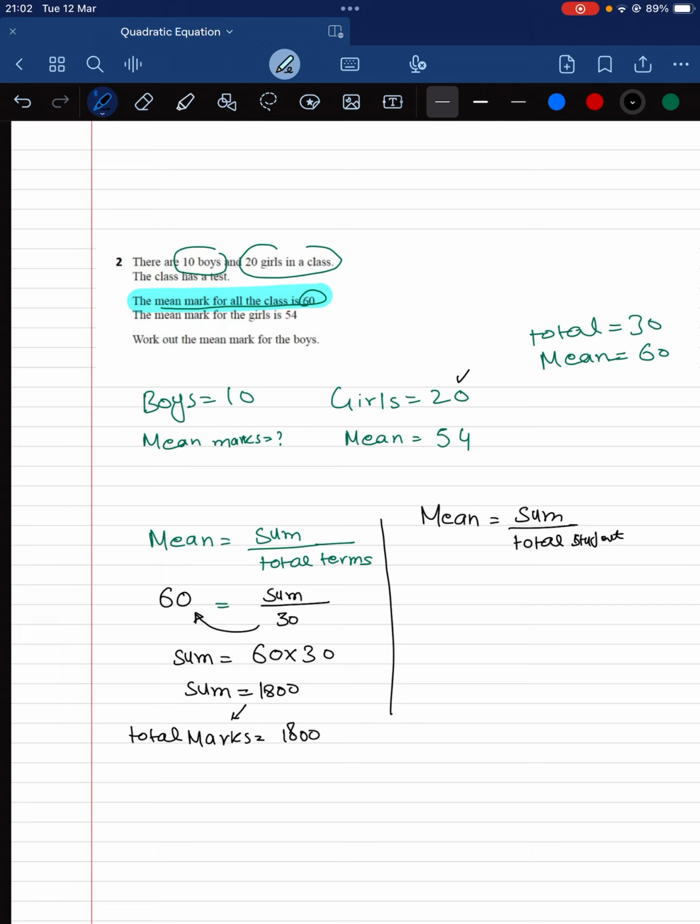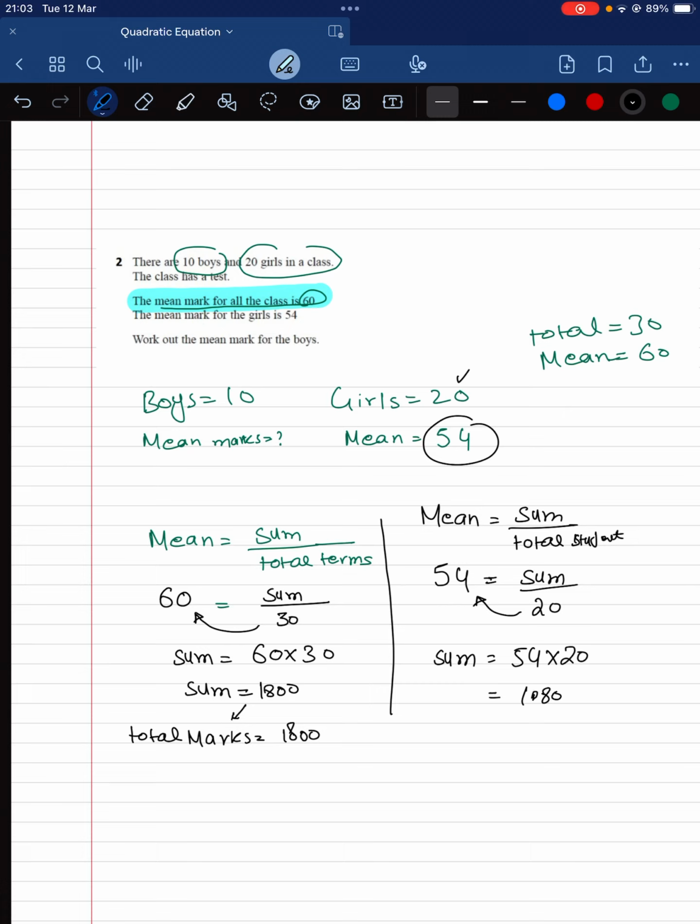So the mean is already given, that is 54, so 54 is equal to sum over... We need to find out the sum of their marks, and the total number of students is 20 because we are talking about the girls, so sum will be equal to 54 times 20, this becomes 1080. This is the total sum of the girls' marks.